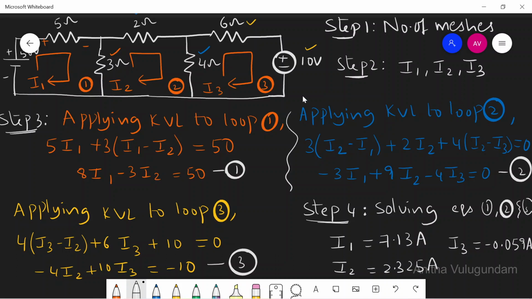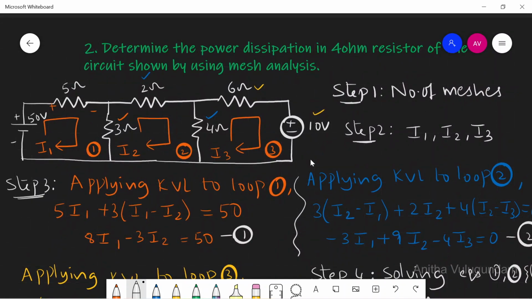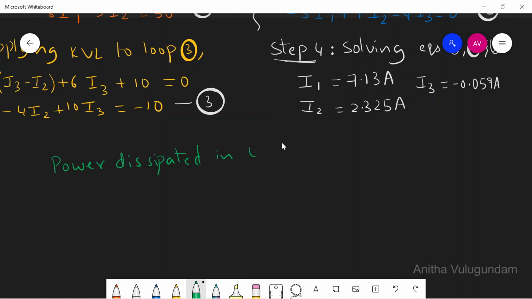What is the question? Determine the power dissipation in the 4 ohm resistor. So this is the 4 ohm resistor. We should find the power dissipated in this resistor. So power dissipated in the 4 ohm resistor is given by I square R, because we know power equals V into I. If you substitute V equals IR, we'll get I square R. The current flowing in the 4 ohm resistor is I2 and I3.